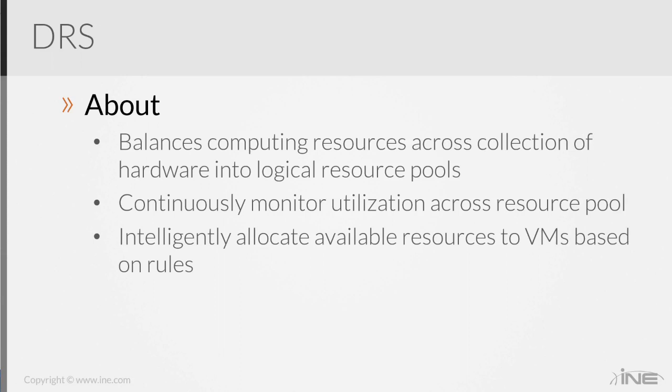With DRS implemented on a cluster, when the virtual machine is powered on, DRS would make a determination to place that VM on the appropriate host. This would be based on the automation level that we would have chosen during implementation of DRS, and this could range from conservative to aggressive.